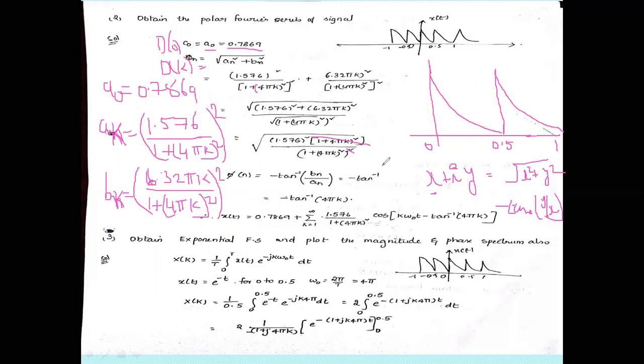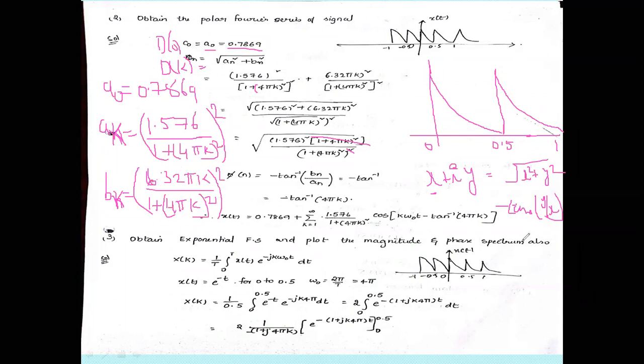And phi of K is equal to minus tan inverse B of K by A of K. What is B of K here? 6.32 pi K by 1 plus 4 pi K squared. So in these two functions, the denominator is the same.